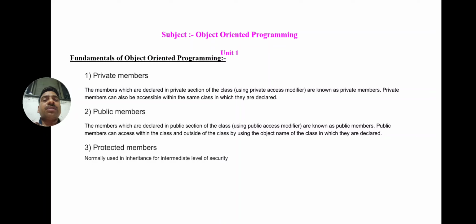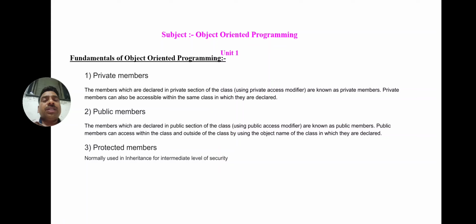Here we will see them one by one, starting with the private member. The members which are declared in the private section of the class, using the private access modifier, are known as private members, and these private members can be accessed only within the same class in which they are declared. Second one, public members.